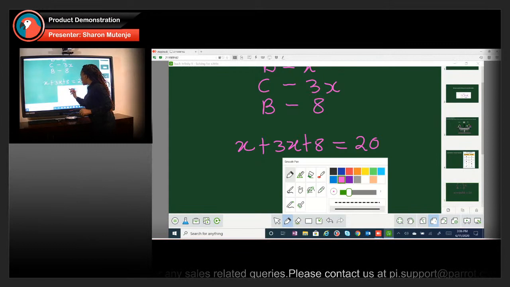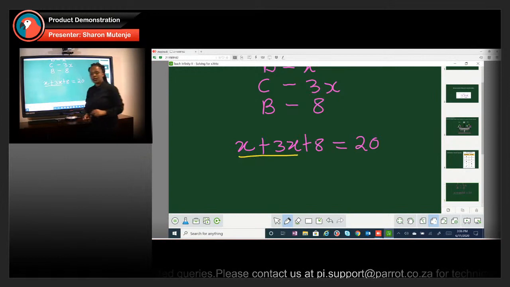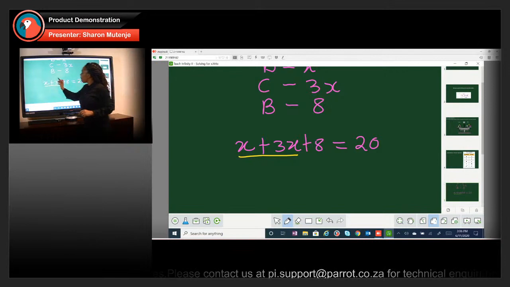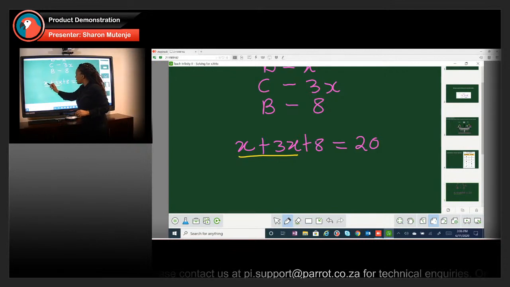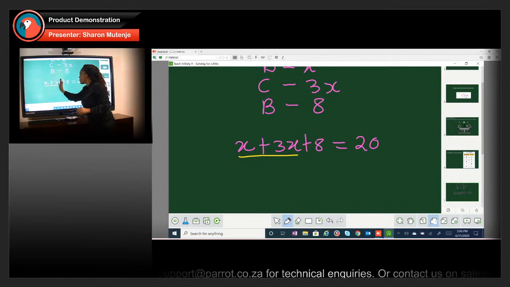As you can see, I have like terms. So before I start solving my equation, I am going to first combine these like terms, because here I have x, which is positive, plus 3x, which gives me 4x. It's 1 plus 3.